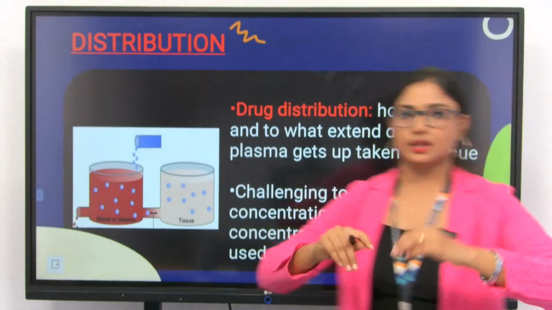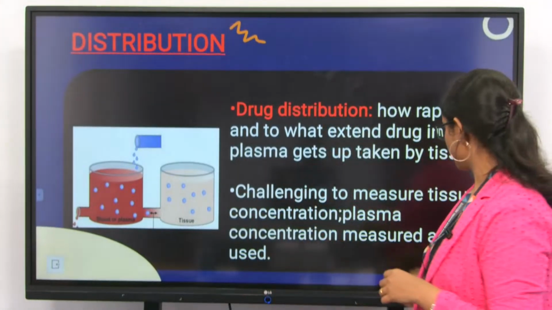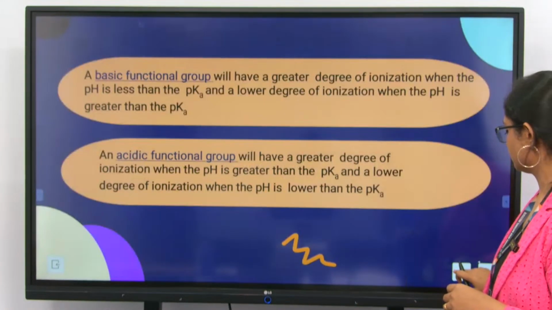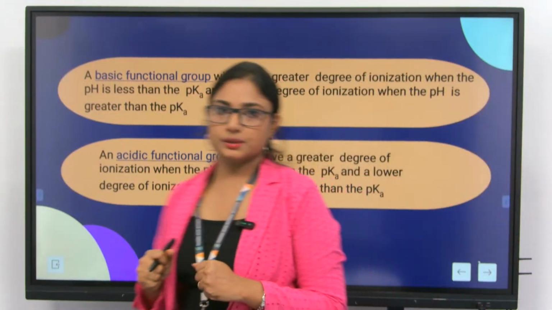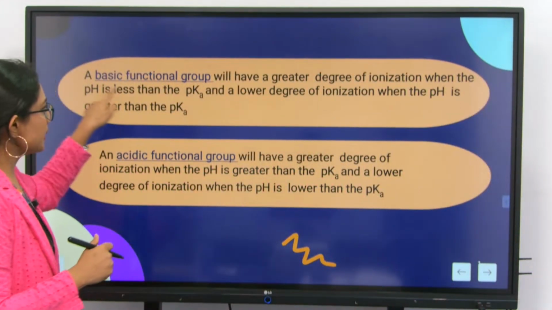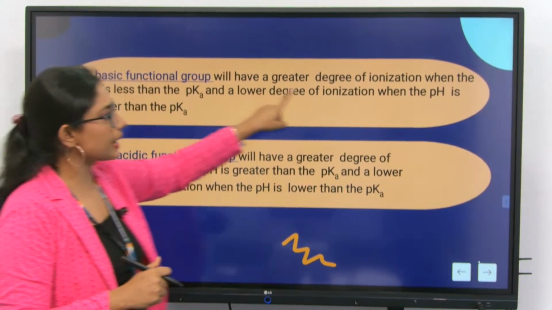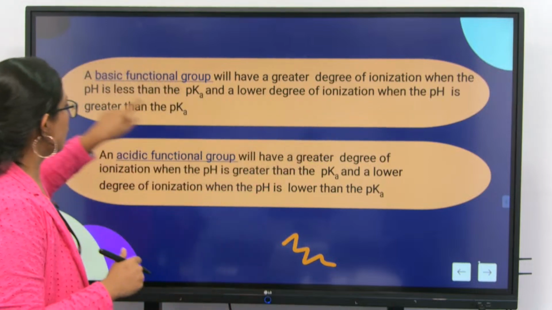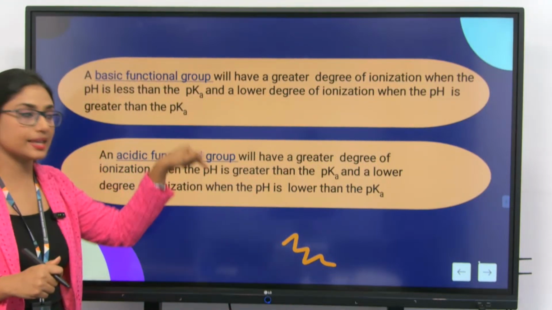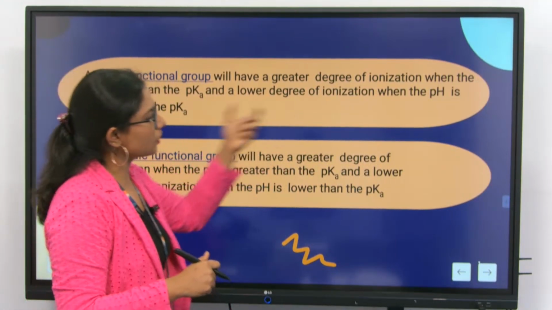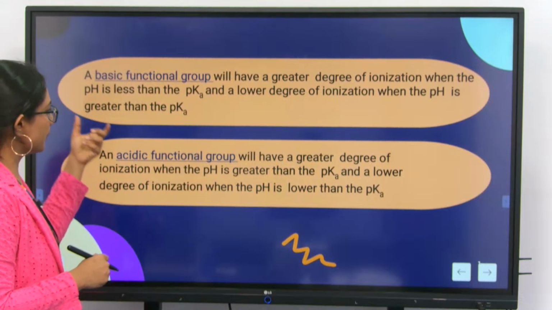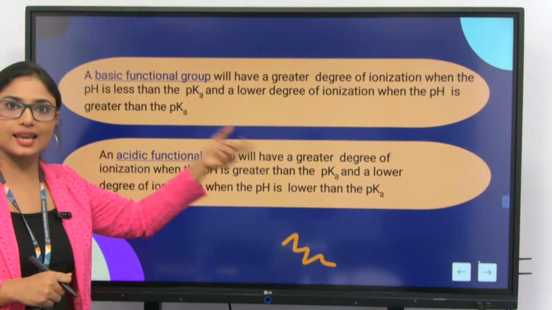Next, one more thing I left out. Very important. The basic functional group will have a greater degree of ionization when the pH is less than pKa, and a lower degree of ionization when the pH is greater than pKa.